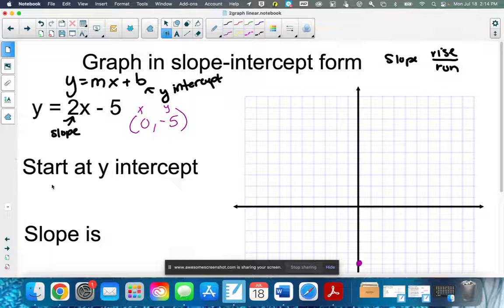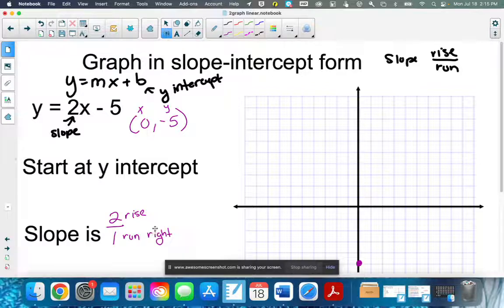Then your slope is that m value in front of the x. So it is 2 over 1. So our rise is 2, and our run is 1. And we always run right, okay?